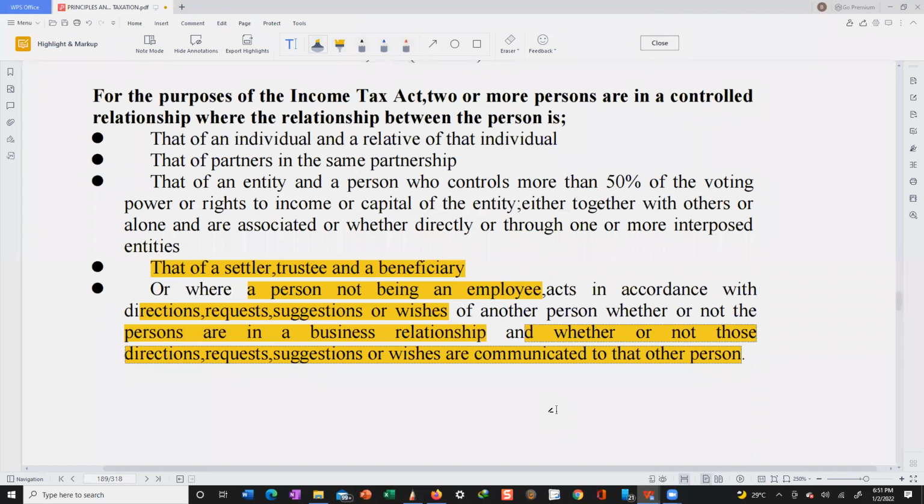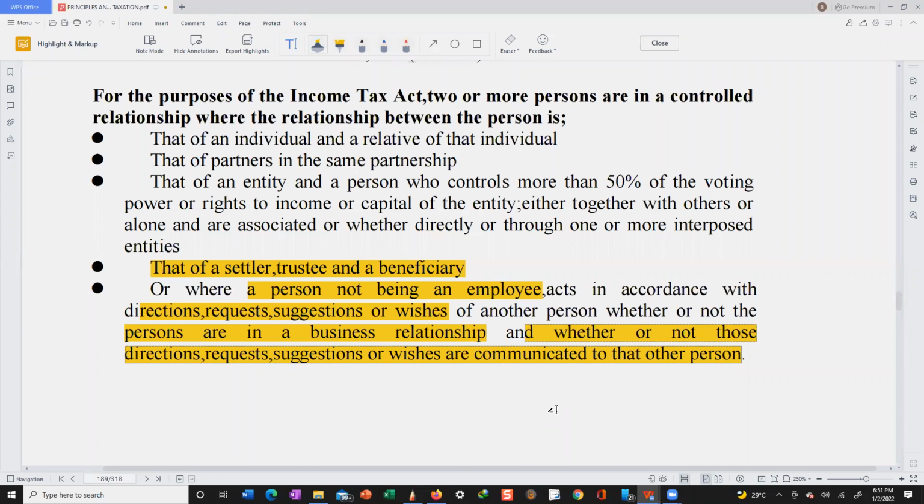So we are saying that where one person gives a request and the other person carries it out, even when you are not an employee, but you carry out instructions, suggestions, or directions on behalf of another person, then you are in a controlled relationship, whether or not you're in a business relationship. Now, this looks like an agency relationship. An agency relationship per our law deems people to be in a controlled relationship, or controlled parties or associated persons.